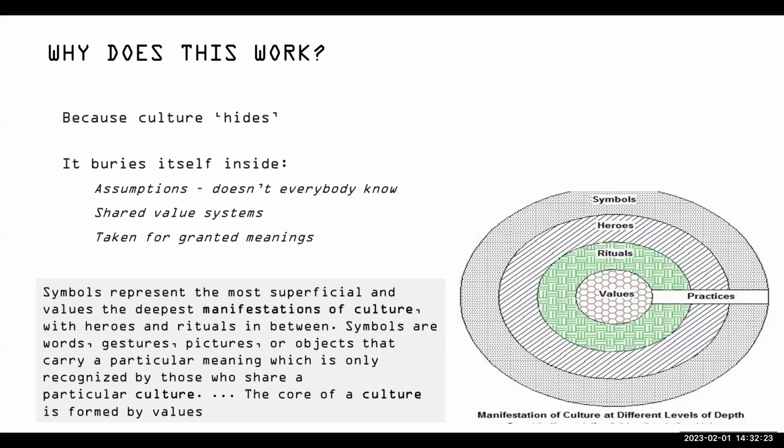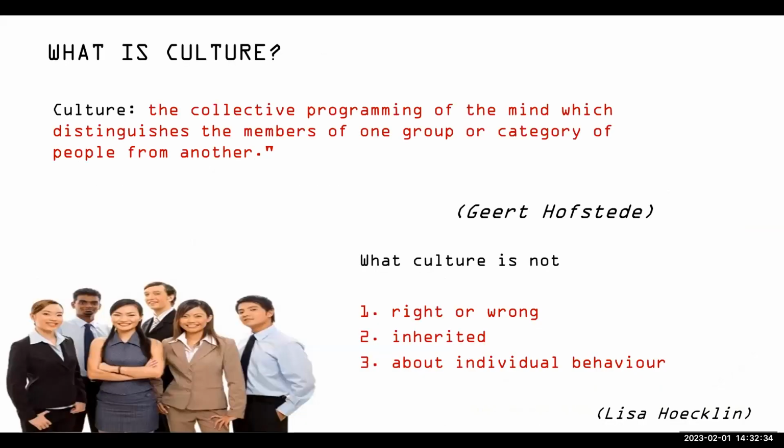So when you study semiotics, you're looking at those symbols to understand what kind of a person or what kind of a brand it is. So culture is the collective programming of the mind, which distinguishes the member of one group or category of people from another. The simplest contrast is American versus Chinese culture, how different the values and the symbols and everything are, right?